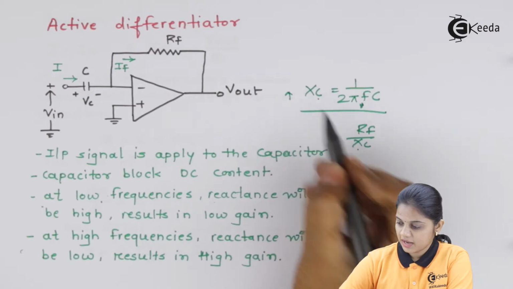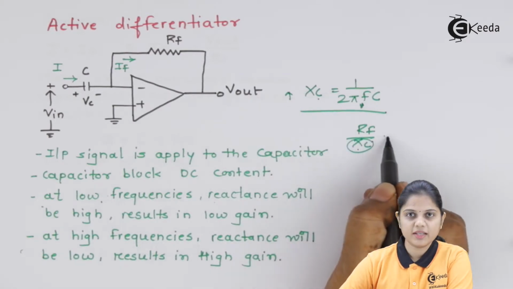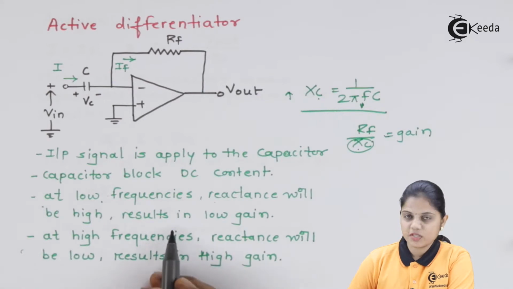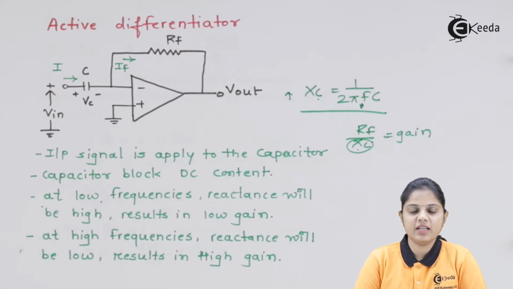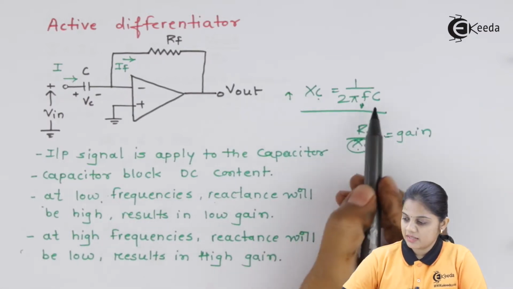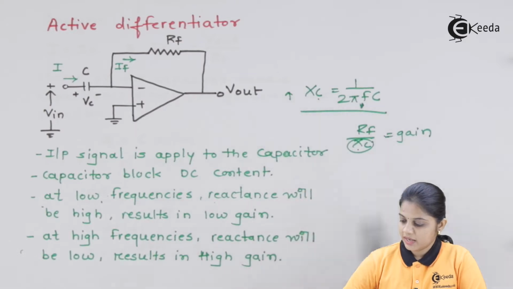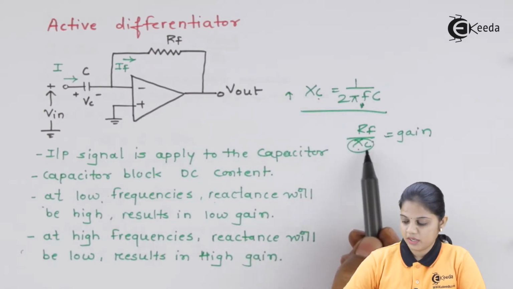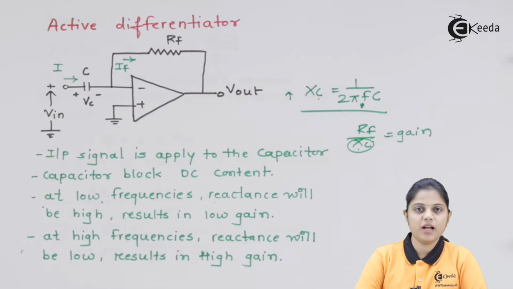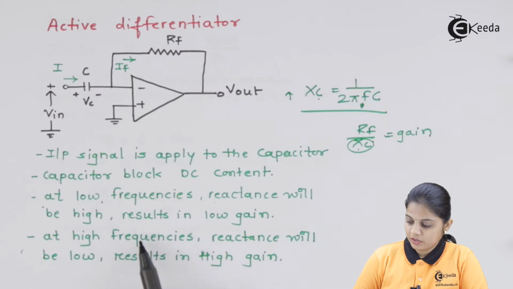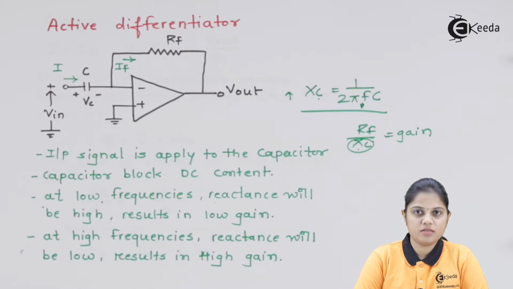If Xc is high, the denominator is high, so the gain will be less. This is the formula for gain. At high frequencies, the reactance will be low, and if the denominator is low, it will result in a high gain. So this is how the differentiator works at different frequencies.